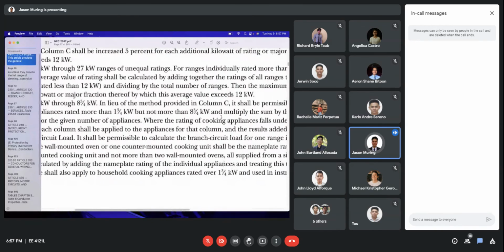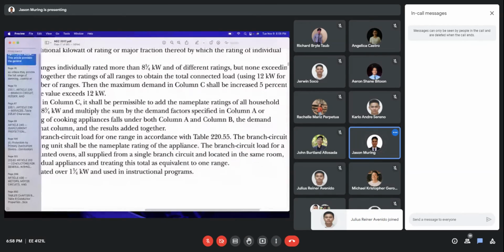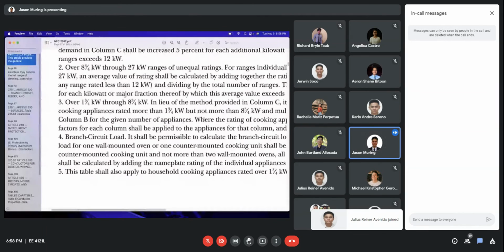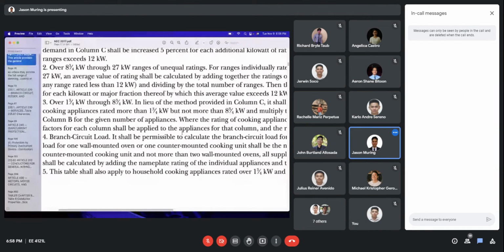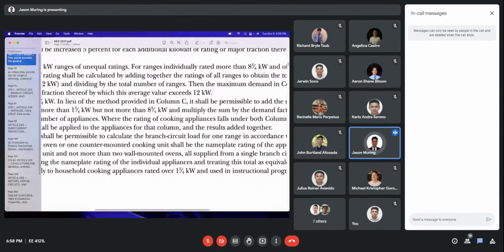Where the rating of cooking appliance falls under both column A and column B, the demand factor for each column shall be applied to the appliances for that column, and the results added together.